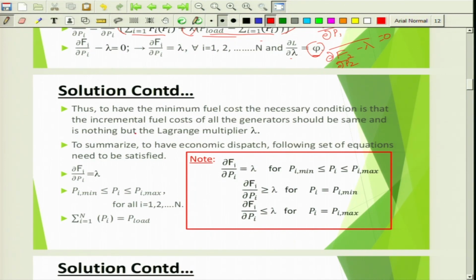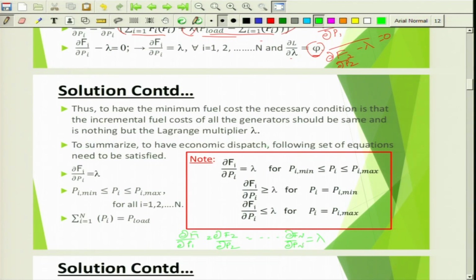Whatever the number of generators, this holds good, that means dou F1 by dou P1 equals dou F2 by dou P2, similarly up to dou Fn by dou Pn equals lambda. Of course, in this case we are ignoring the losses.